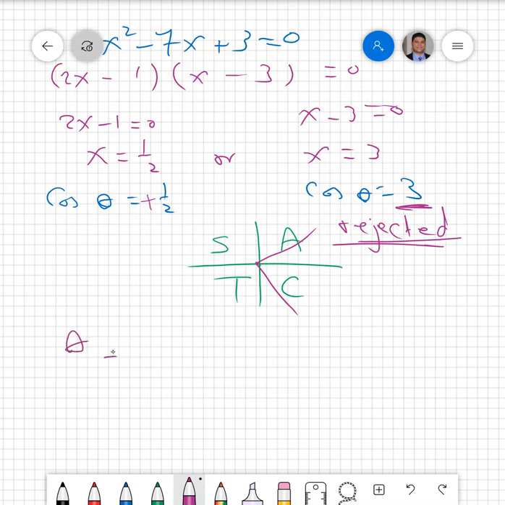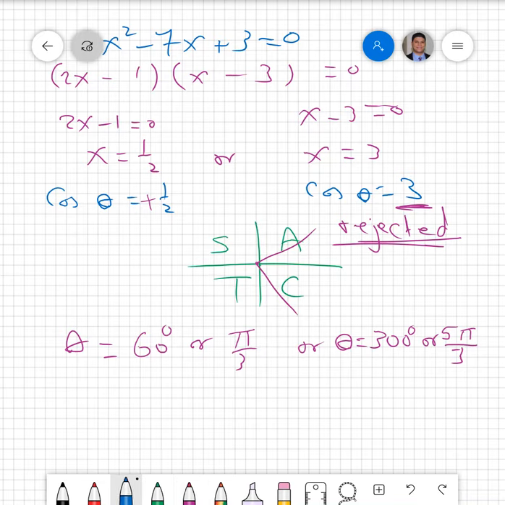So theta equal 60 degrees or pi over 3, or theta equal 300 degrees or 5 pi over 3. Okay, now the general solution is theta equal pi over 3.